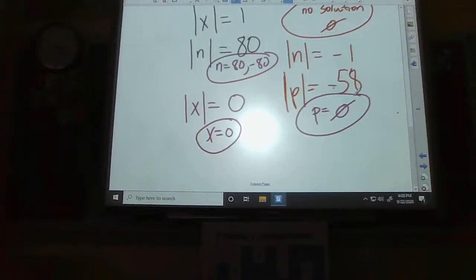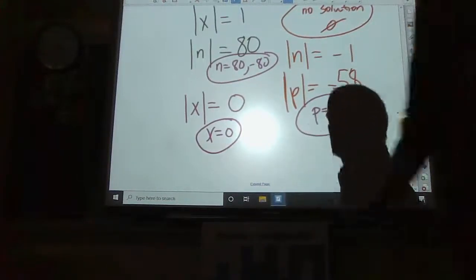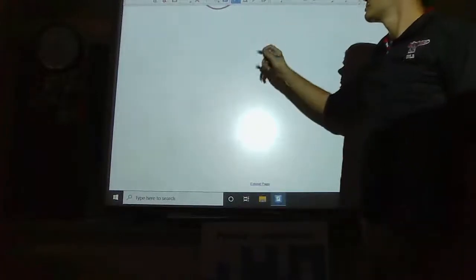What I mean by simple is if you look at the left-hand side, inside the absolute value bars, we really didn't have anything except for just a plain variable. You know what I mean? Here's eventually what's going to happen. They're eventually going to give you questions like this.